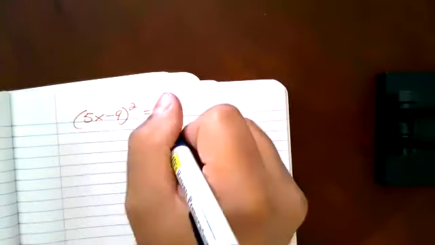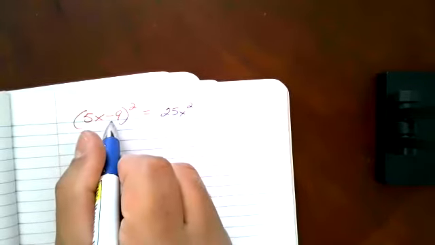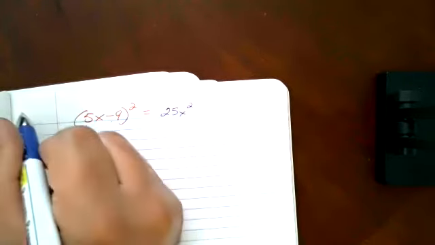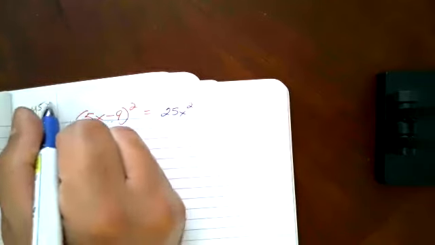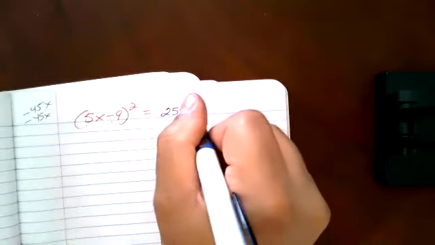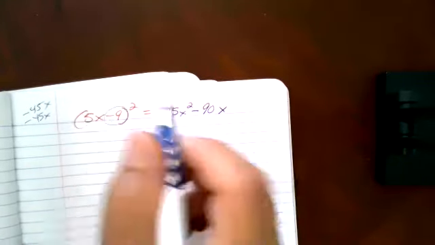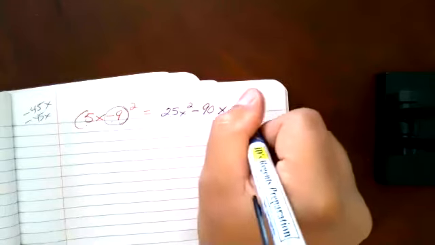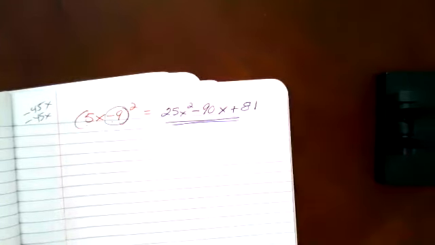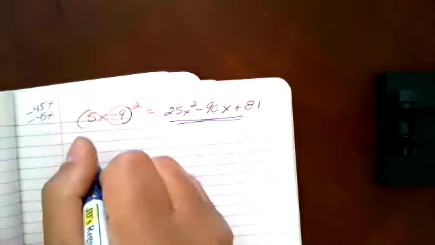I square my first term, so this is 25x squared, and then I multiply a negative 9 times 5. That's going to give me negative 45, and I double it. So I'm going to have negative 90x. And then I square my last term, and negative 9 squared is a positive 81. So it's pretty easy.